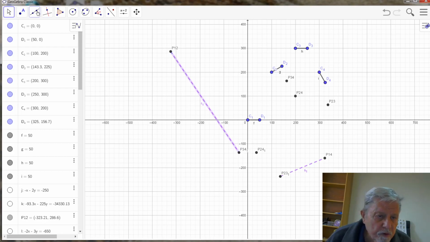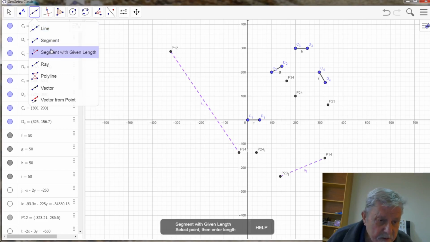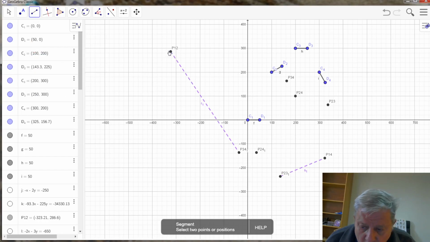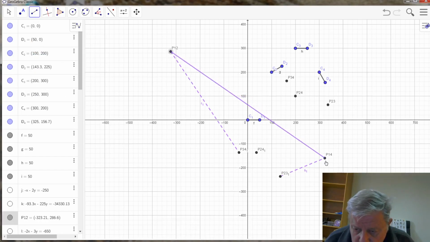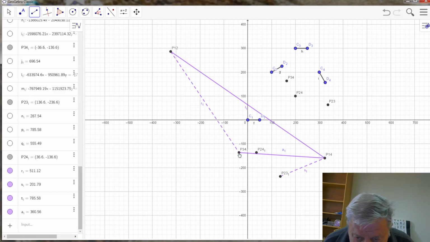Now I'm going to draw the complementary pole quadrilateral. These will be the diagonals. P12 to P14 will be side 1. P14 to P341 will be side 2.